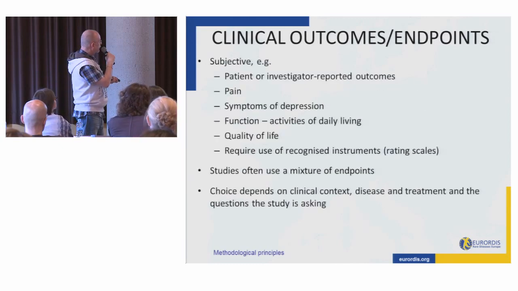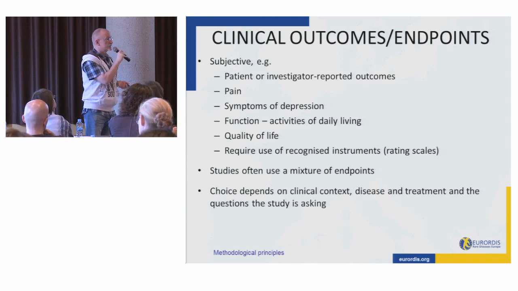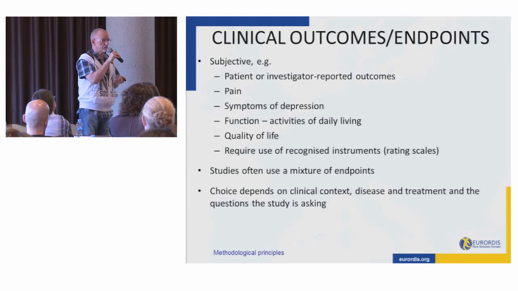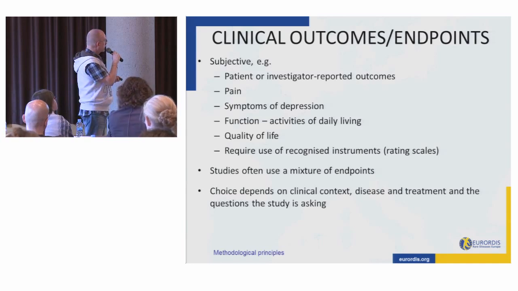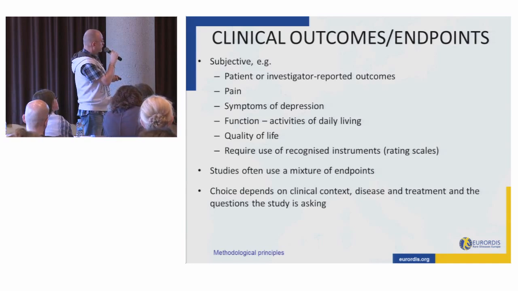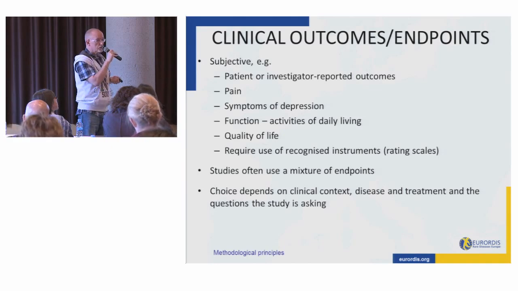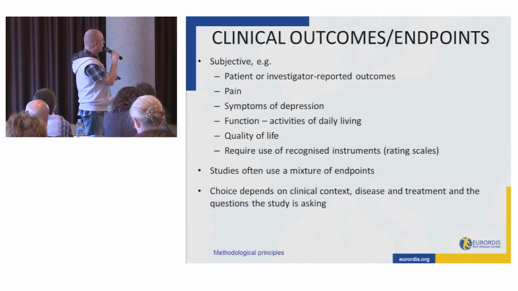The subjective endpoints are typically patient or investigator-reported outcomes of what is considered to be meaningful to the individual. What is a sign of there being a treatment benefit? So it can be pain, depression symptoms, function, activities of daily living, quality of life.